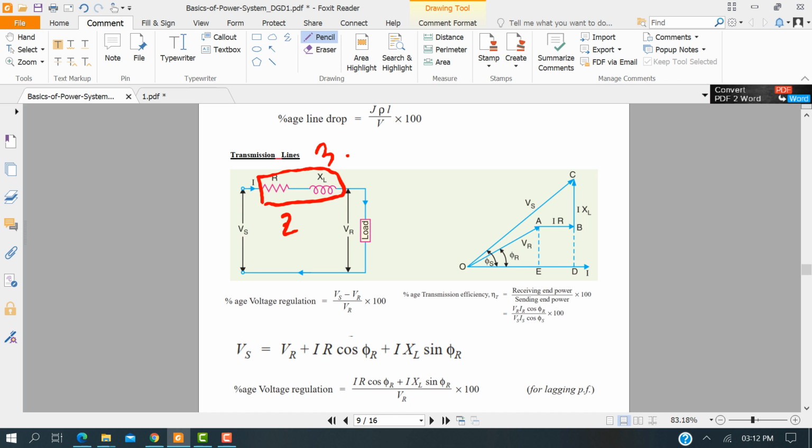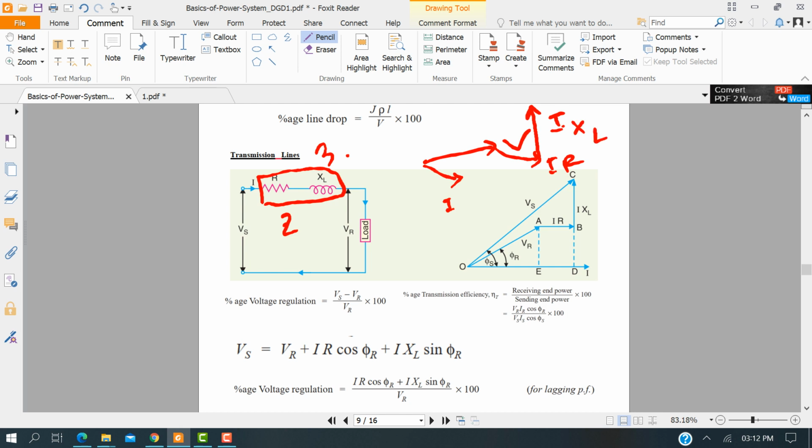Okay, and if I see the phasor diagram over here, we can draw it another way. If the voltage is the reference, then the current, and for R it will follow the current as I said earlier, and then it will go up IXL.